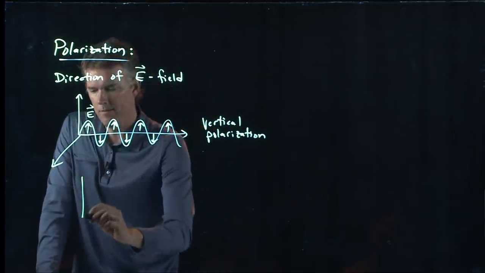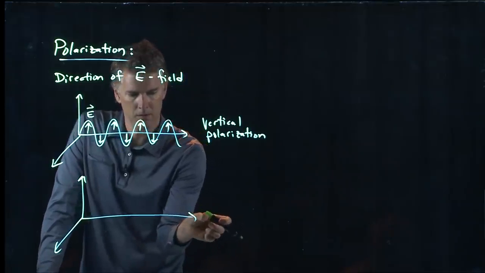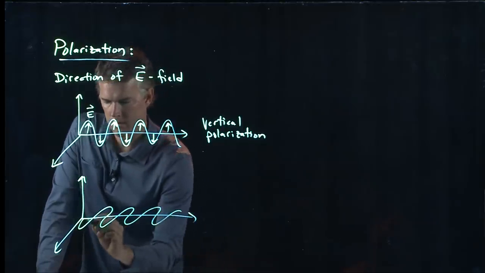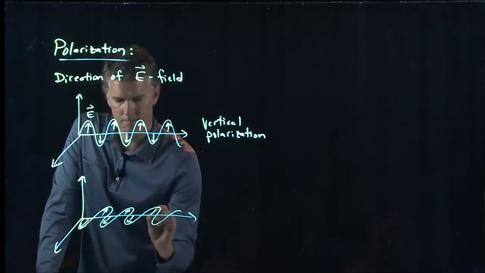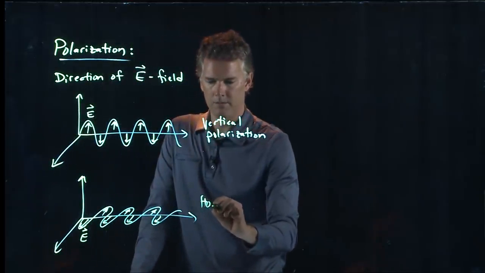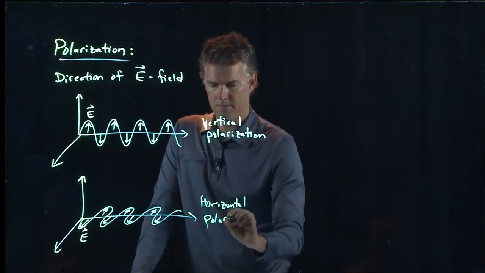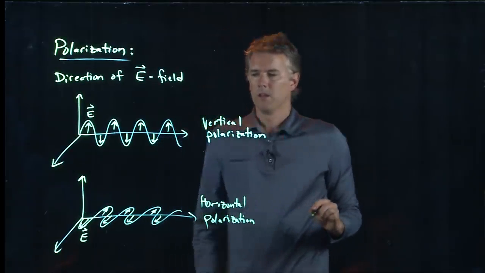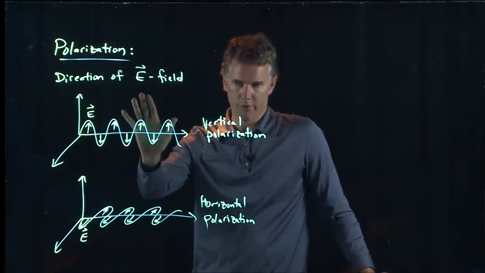But if you have a wave where the E field is in and out of the board, like so, then this is called horizontal polarization. So these are the two polarizations for an electromagnetic wave, either horizontal or vertical.